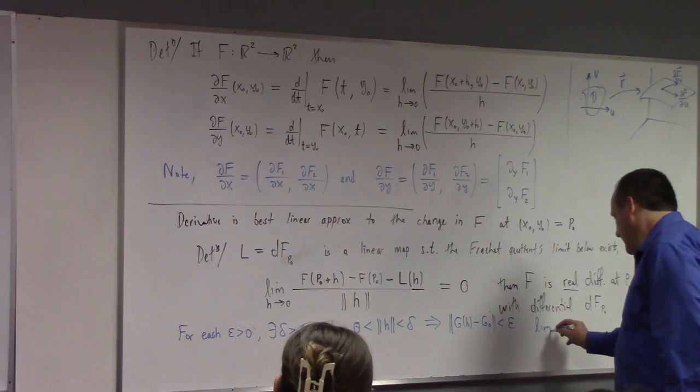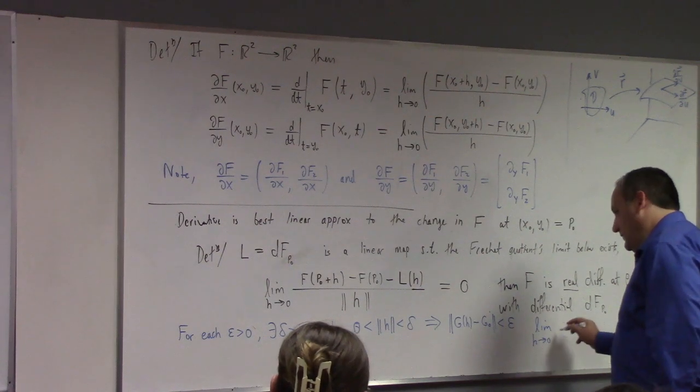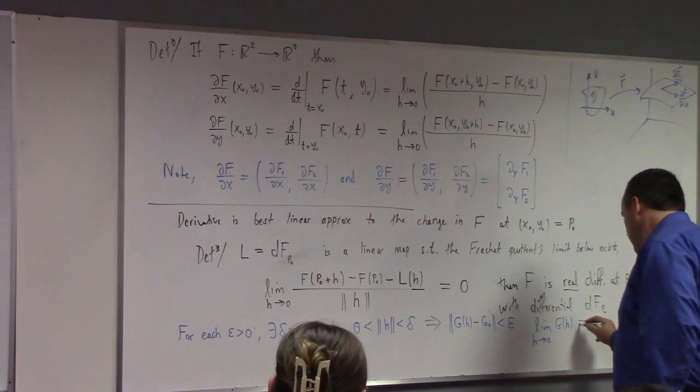That would be what we mean by the limit as h goes to 0 of g of h is equal to g naught.